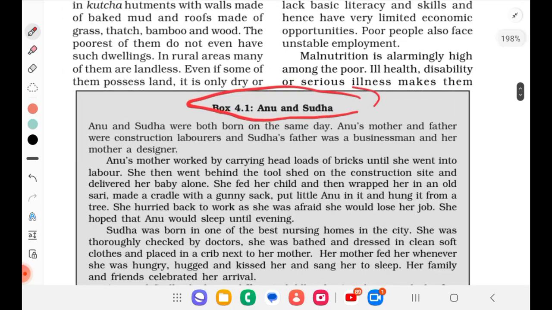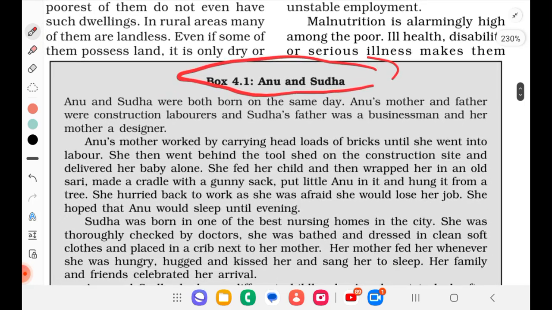Anu and Sudha. Anu and Sudha were both born on the same day. Anu's mother and father were construction workers, and Sudha's father was a businessman and her mother a designer. Anu's mother worked carrying head loads of bricks until she went into labor. She then went behind the tool shed on the construction site and delivered her baby alone.